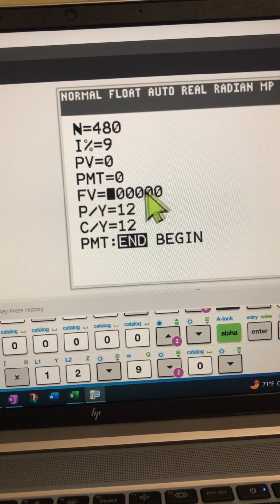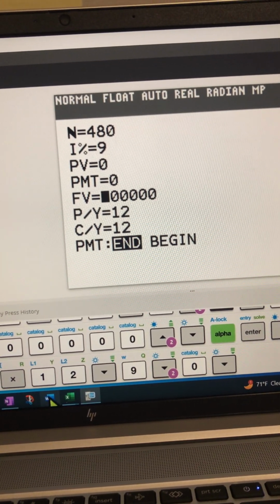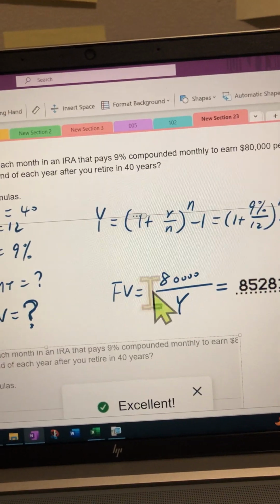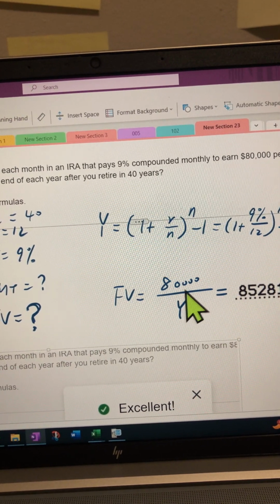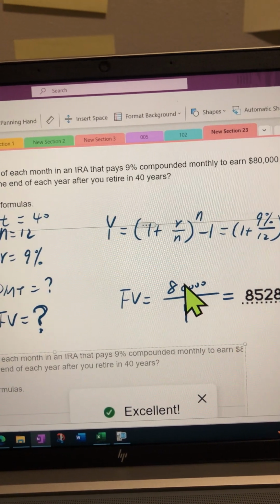Pretty challenging, this part. How do we find the future value for this annuity? In 40 years, the guy wants to have 80 grand simply just for interest for that year.